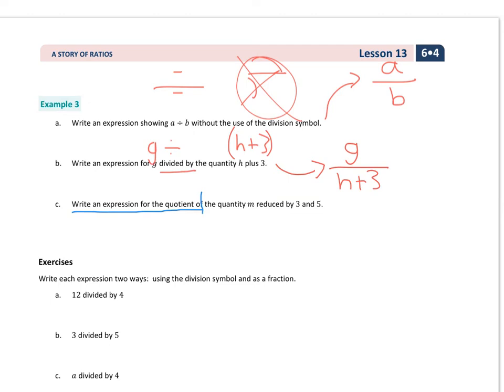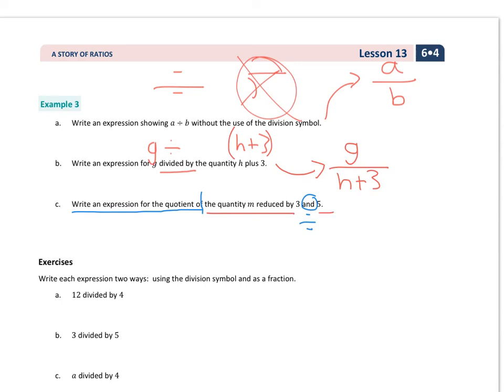The quantity m reduced by 3 and 5, and we should be thinking that the and tells us where the division symbol goes. The of tells us where to start, the and tells us where the division symbol is. It makes everything else a lot easier, because then we have the quantity m reduced by 3, and we have 5.